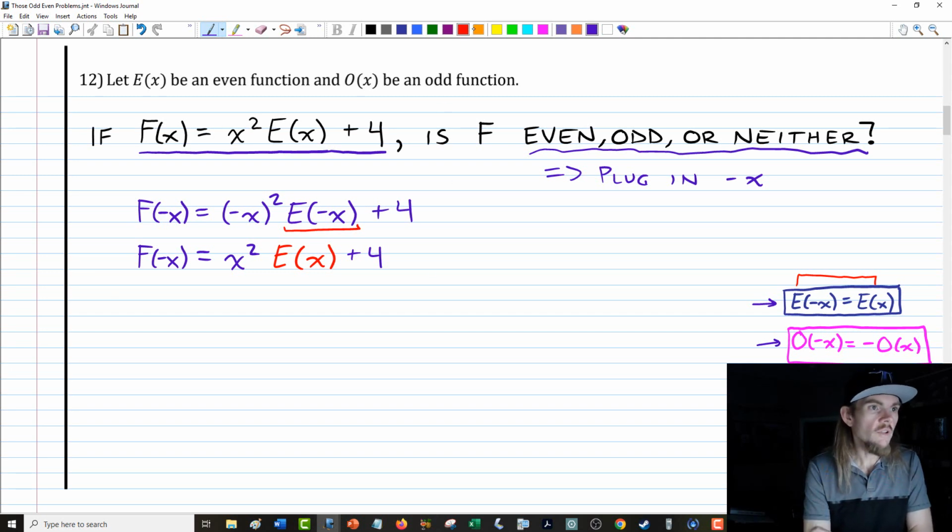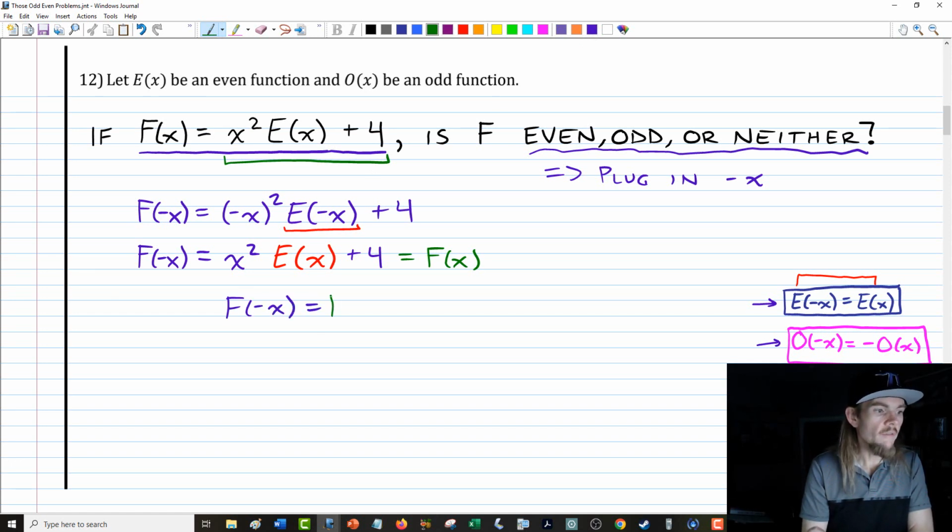Now this is sort of interesting. In your mind you might be thinking, hey, haven't I seen that before? And the answer is yeah. Heck yeah, you have. That's exactly where we started. This thing is equal to f of x. So in other words, what we have just shown is that f of negative x is equal to f of x. Now what does that mean?